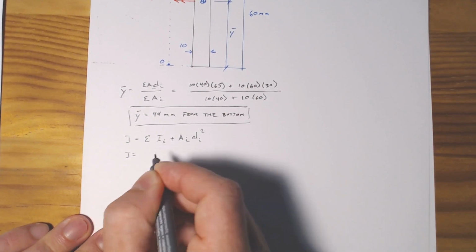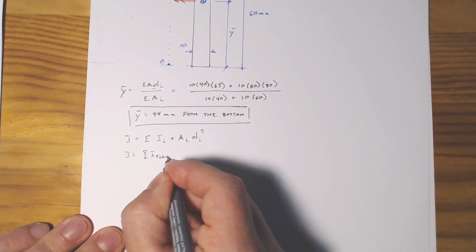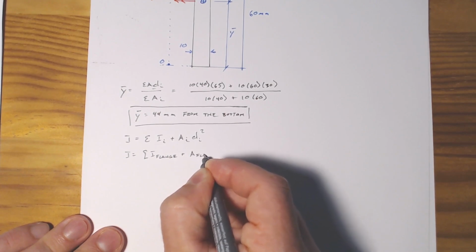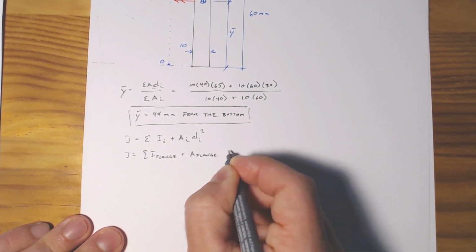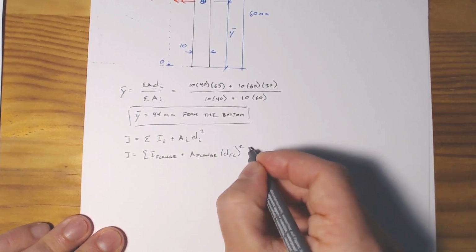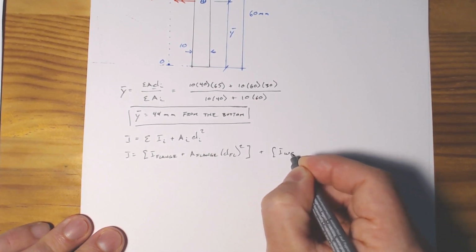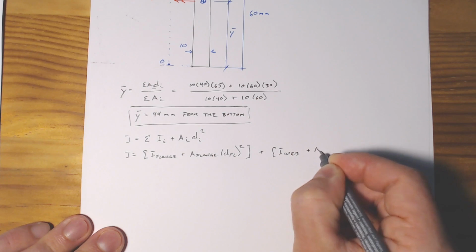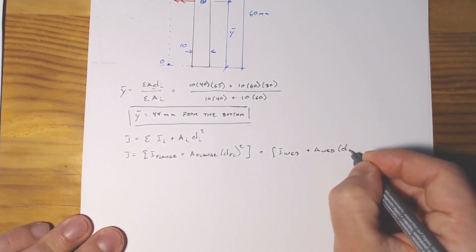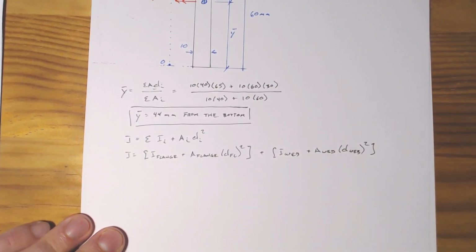So I is going to be equal to the moment of inertia of the flange, plus the area of the flange multiplied by the distance from the flange centroid to the centroid of the entire section squared, plus the moment of inertia of the web, plus the area of the web times the distance from the web centroid to the centroid of the entire section squared.